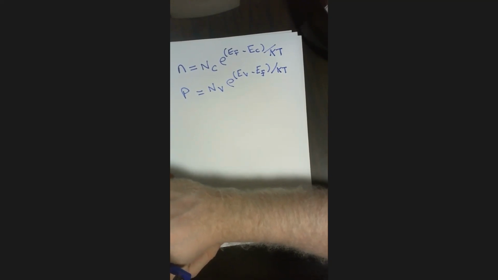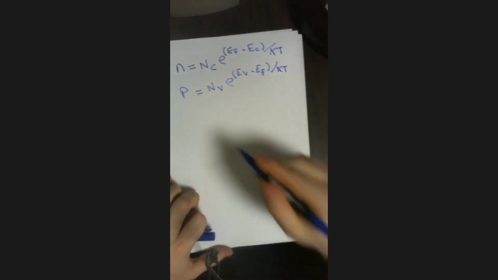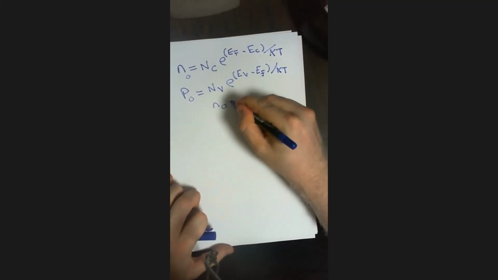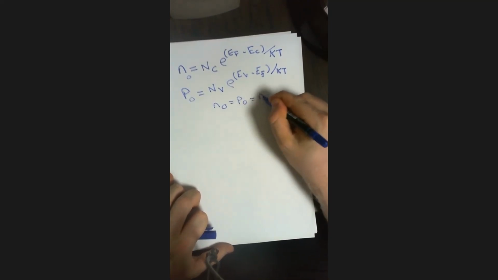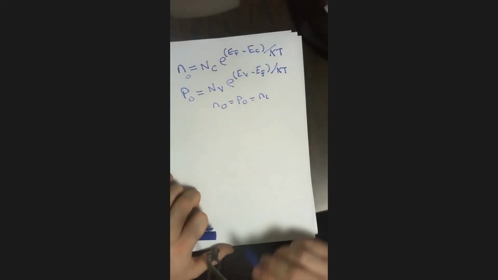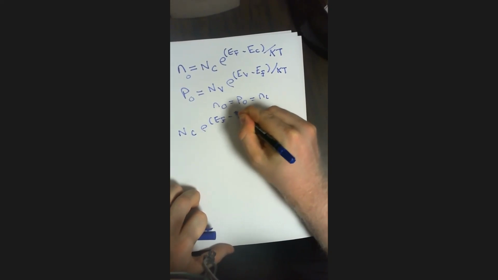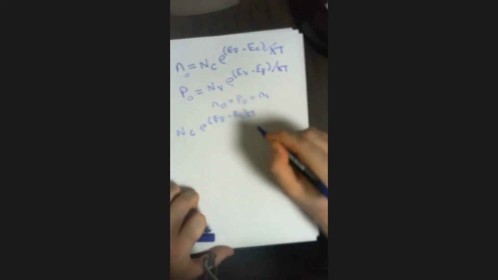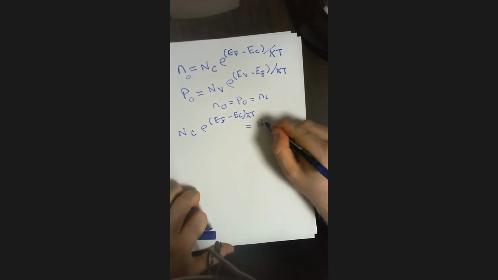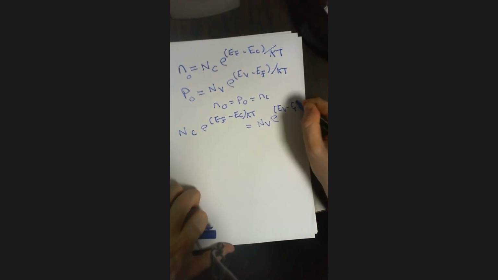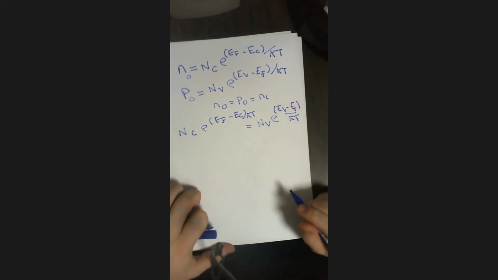So simply, at steady state condition, this N node should be equal to this P node. As we said, N node times P node equals Ni squared. So you can simply equalize these two equations. You can say that NC e power EF minus EC over KT is simply equal to NV e power EV minus EF over KT.